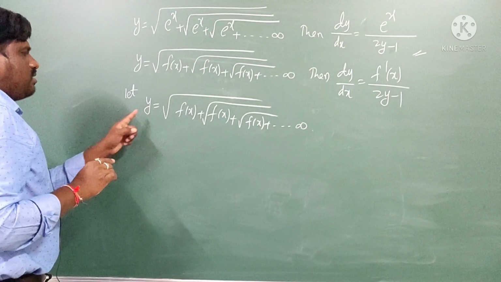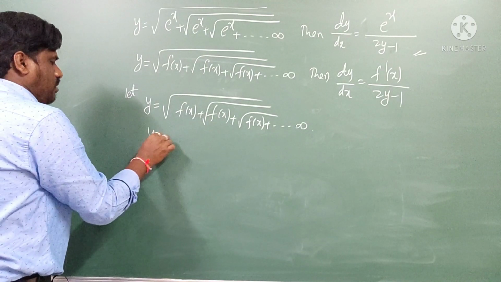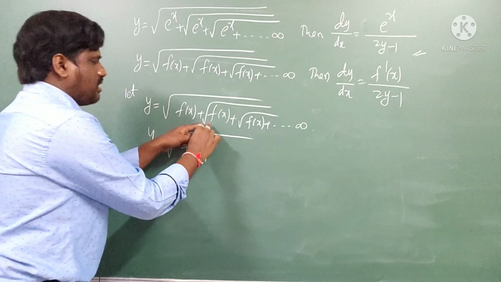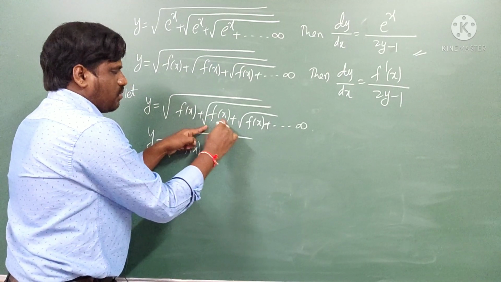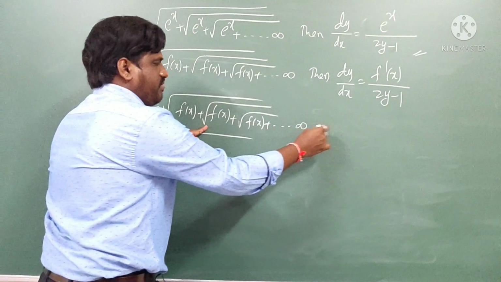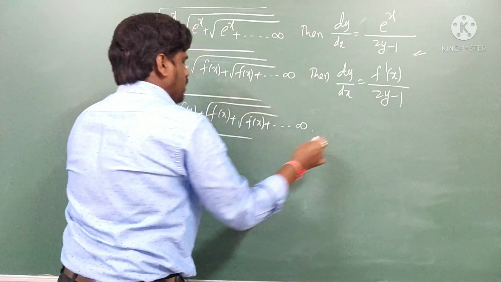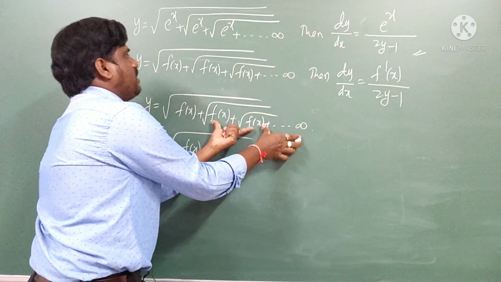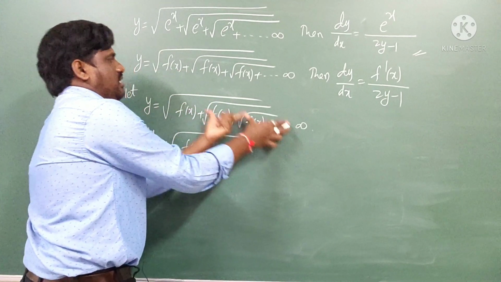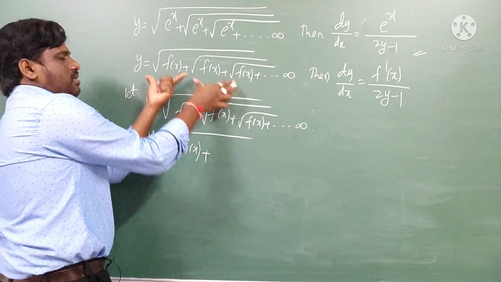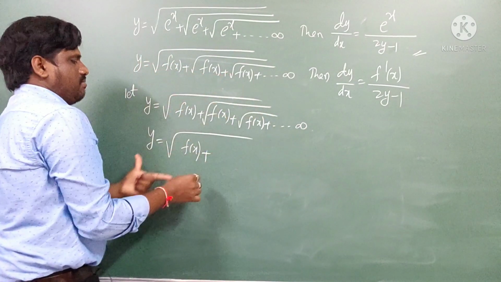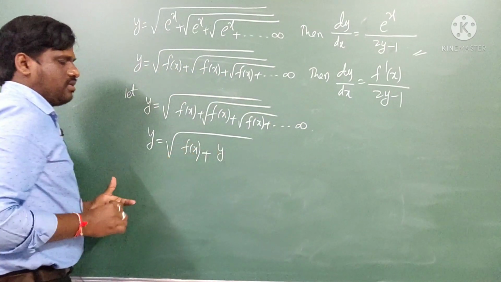Now to find this, y is equal to square root of f of x plus, if you observe this pattern, square root of f of x plus square root of f of x plus so and so infinity. This appears as the question itself. This part and this part are the same because it is going to infinity. So I can replace this as y.